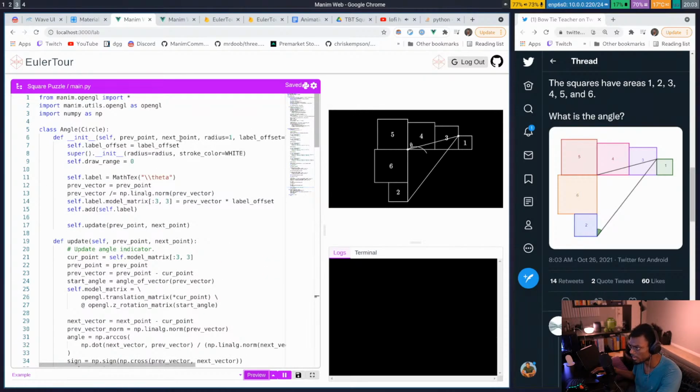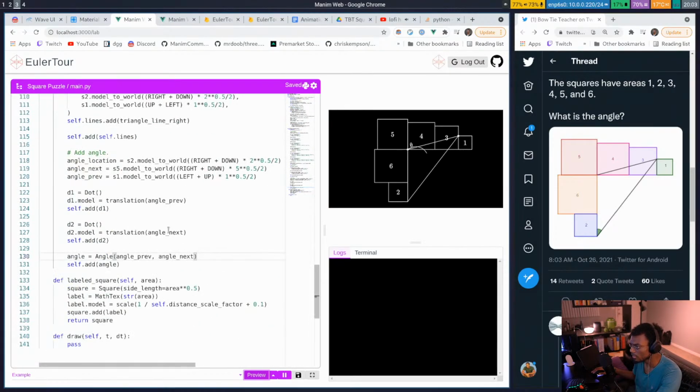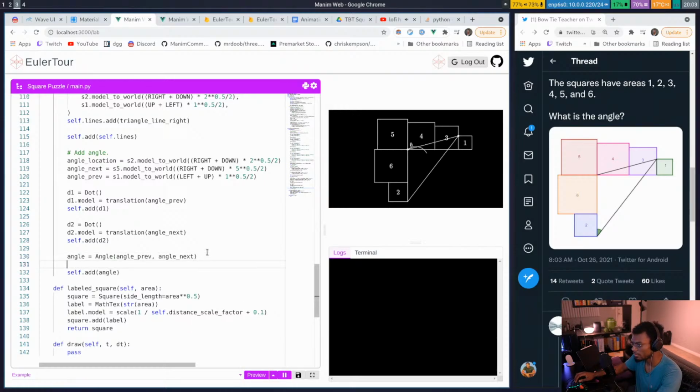It wants the previous and then the next. And to translate this, I shouldn't have just overridden that. Should have been this. But still.